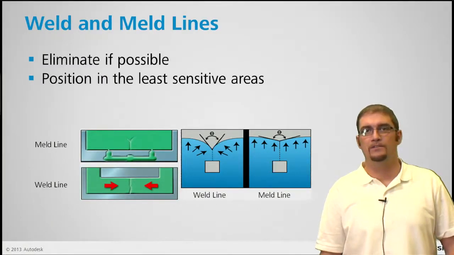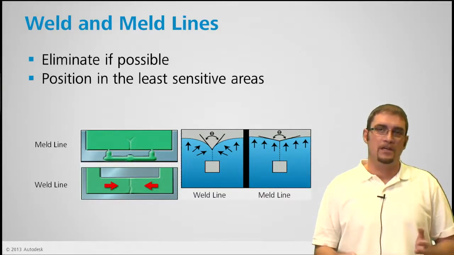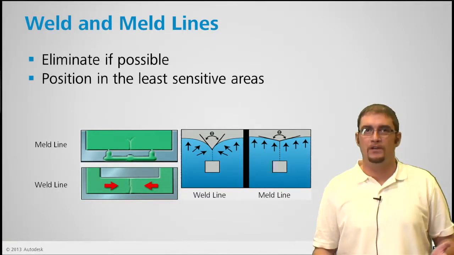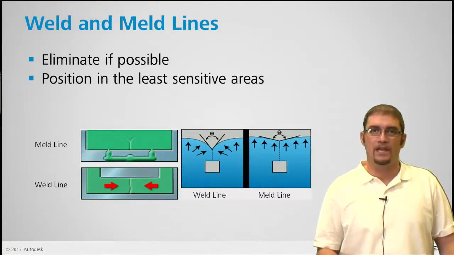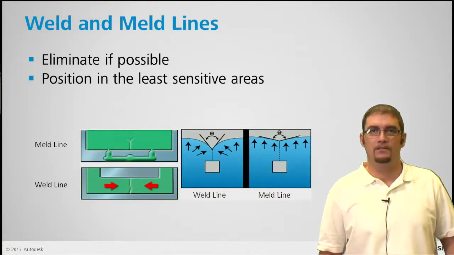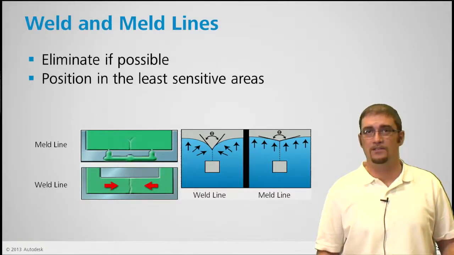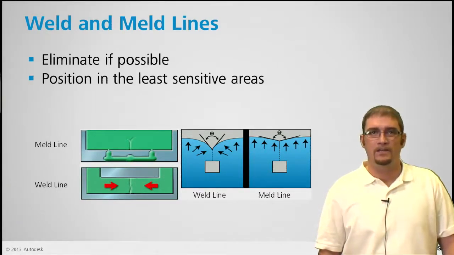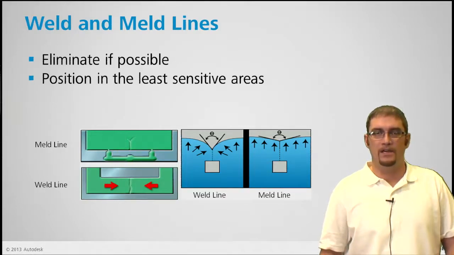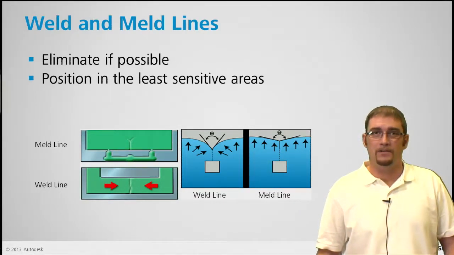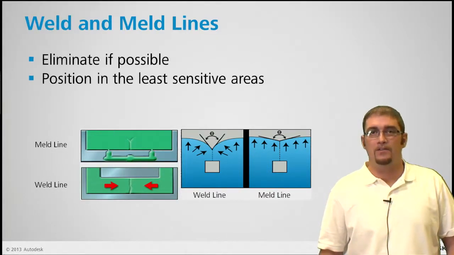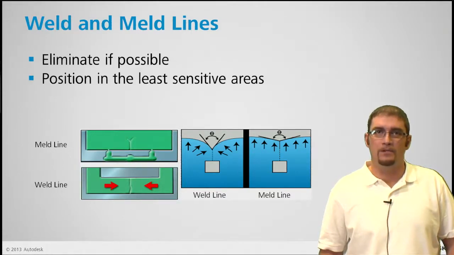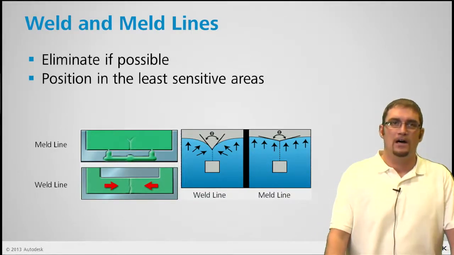Weld meld lines. So obviously if we can eliminate them, we should. You can't always eliminate them, but if you can't, let's position them in, let's say, areas that aren't as sensitive to having them there, such as in this example we have a hole in the part. If that's a place where maybe you're going to bolt the part to something else or a snap fit, it could weaken that area and you want to be mindful of this.